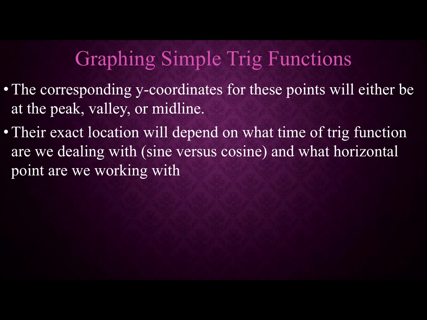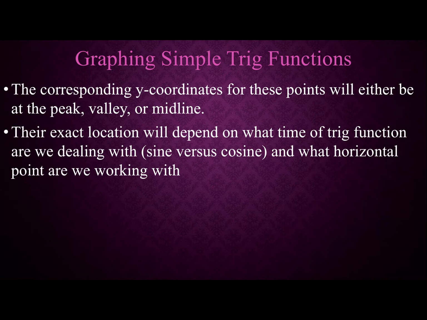And then the corresponding y locations to each of those horizontals will be one of 3 options. Because we're trying to make this as simple as possible, we're not going to go too crazy. It's either going to be the highest point, the peak, the lowest point, the valley, or the midline in between. The exact location will depend on what type of trig function we're dealing with, and also on which horizontal point we're focusing on at that particular time.